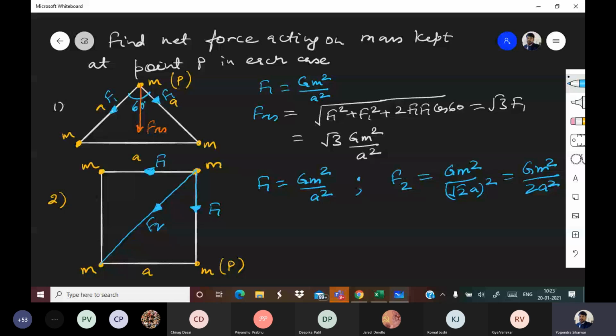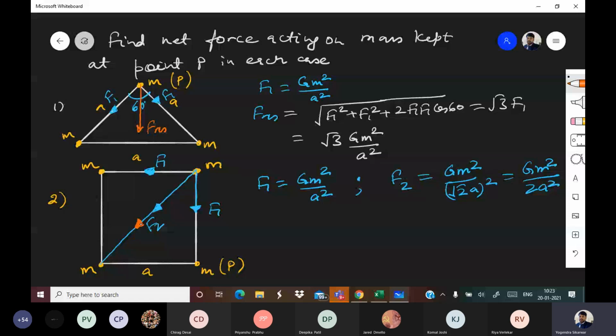F2 will be Gm square upon 2a square. Okay. Now, first of all, we are going to find resultant of these two F1s. F1 resultant will be along the direction of F2.